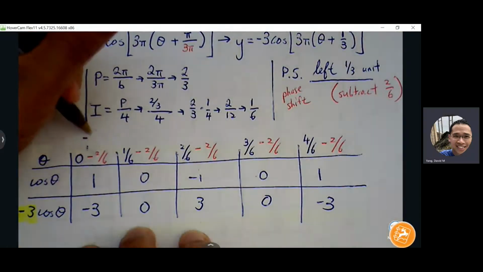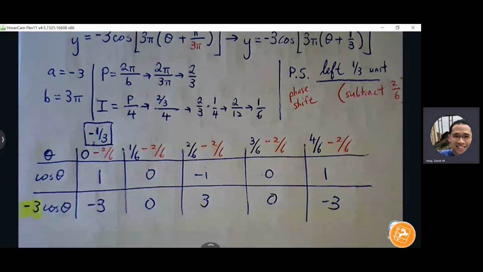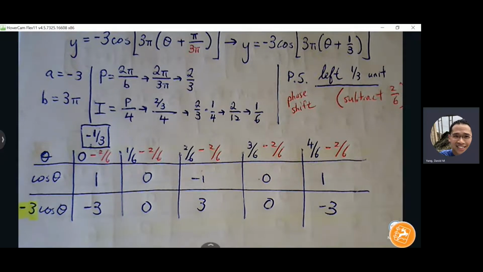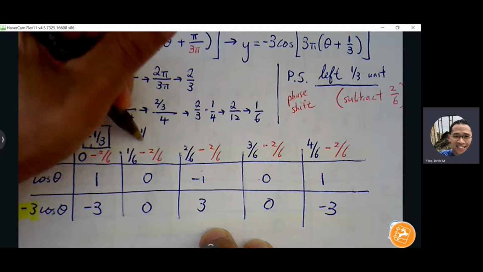Put the result above, put a box around it as a reminder. Okay, that's my final x value that I'm going to be worrying about.